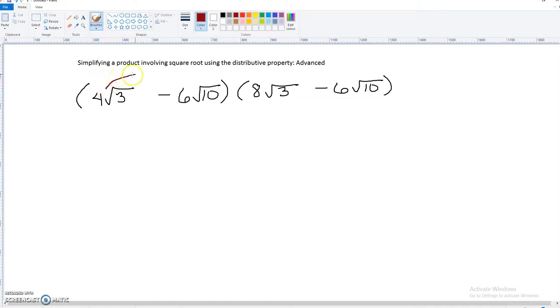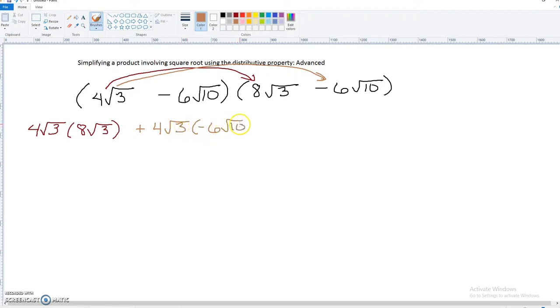I'm going to start here with the 4 square root of 3 times our 8 square root of 3. And to make life a little bit easier, we're going to rewrite it. I know it might look like a long process, but we need to do this in order to see everything. So we've got 4 square root of 3 times our negative 6 square root of 10. I'm going to put a plus sign because this is positive. So 4 square root of 3 times negative 6 square root of 10.